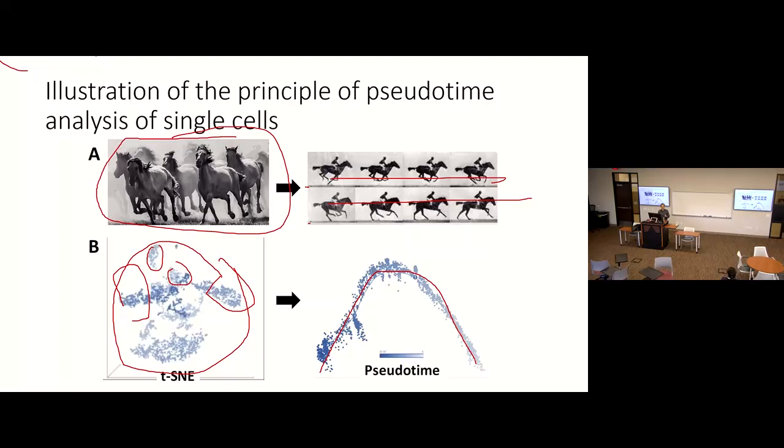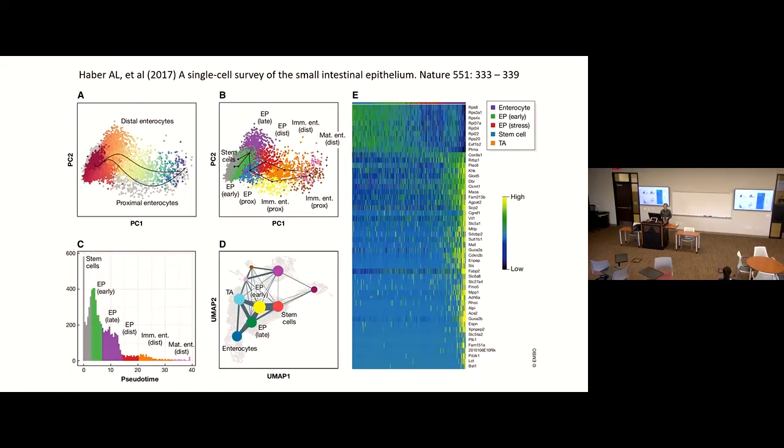So you change the embedding method and you believe their underlying biology is true, then you can start to think about whether this population starts from this end or this end, or whether there's a branch. Okay, so it's based on your understanding of your cell type.